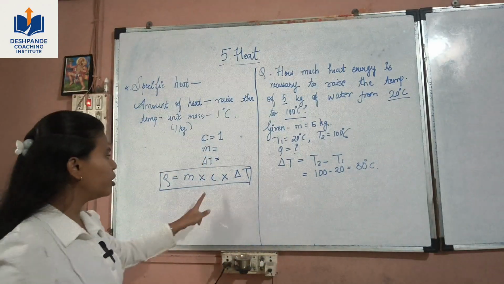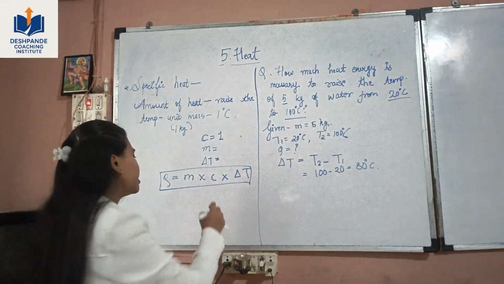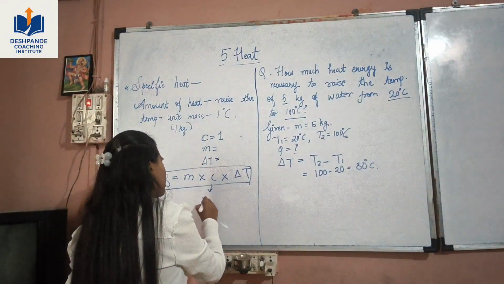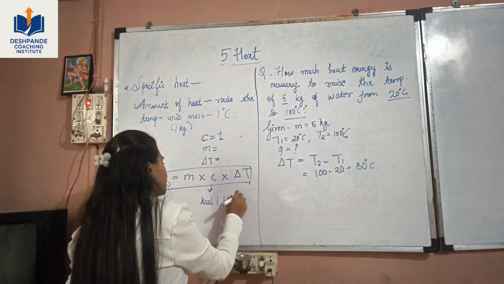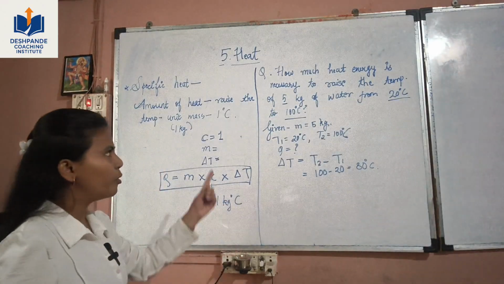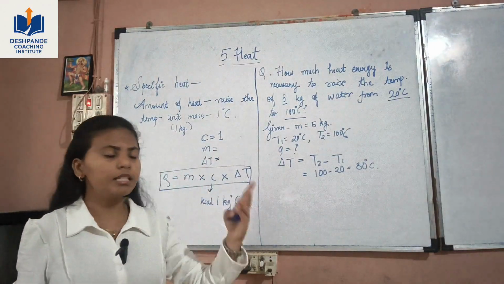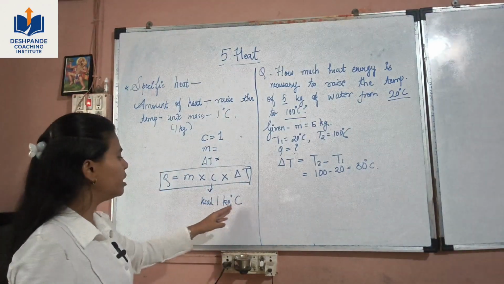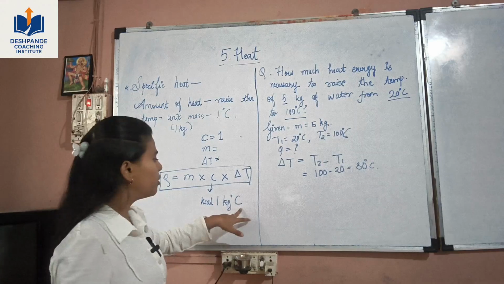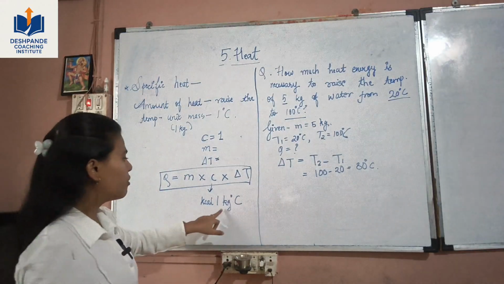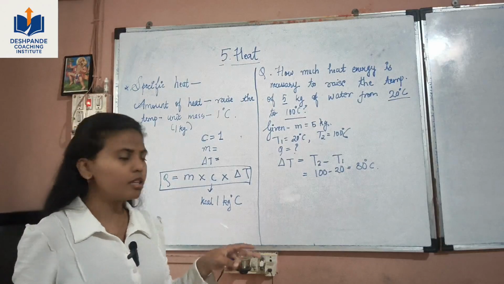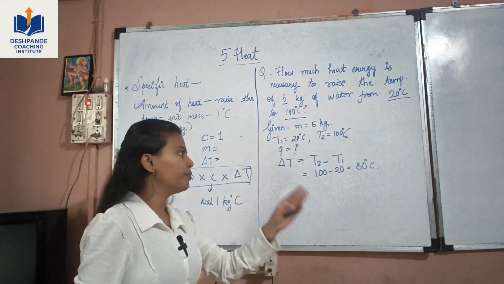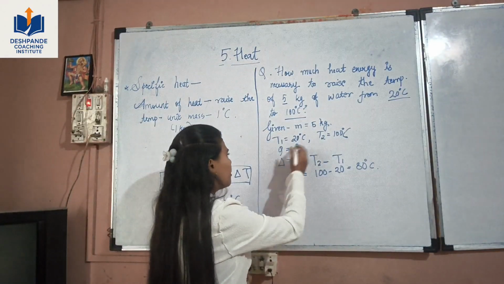And by the way, the unit for specific heat in SI unit is always kilocalorie per kg degrees Celsius. So while solving any numerical, please be aware to convert any values from Fahrenheit to Celsius, from gram to kg, and from calories to kilocalories to solve it correctly. Okay, so we have all the values.